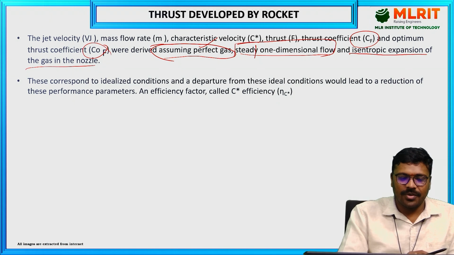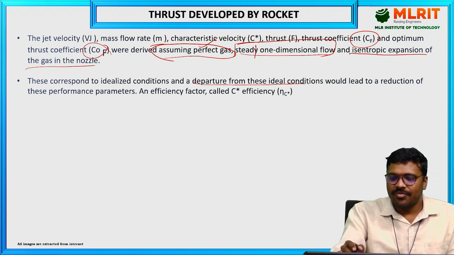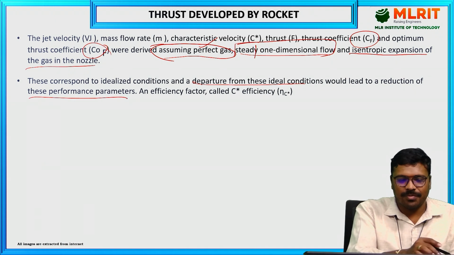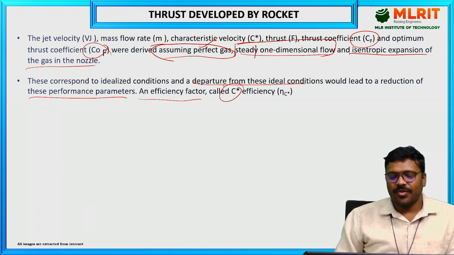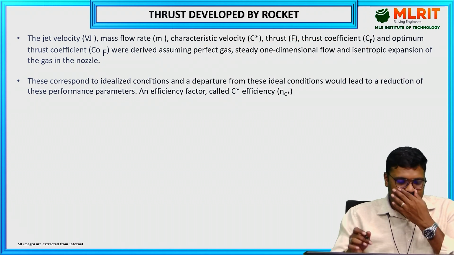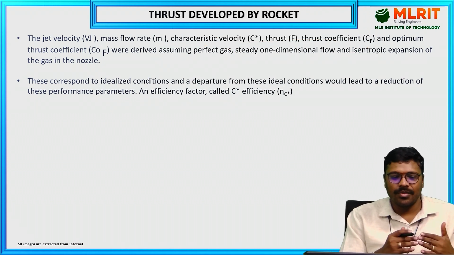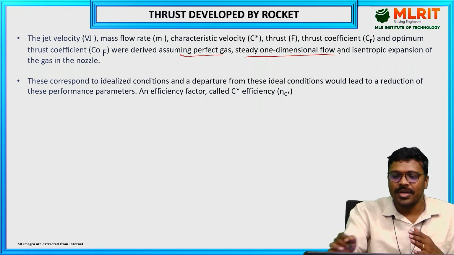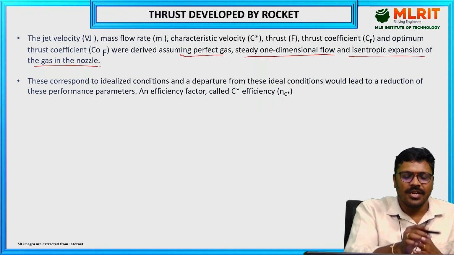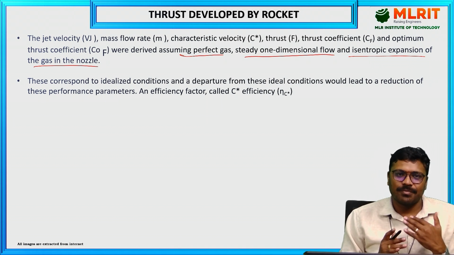Corresponding to the ideal conditions, a departure from these ideal conditions would lead to a reduction in the performance parameter, and an efficiency factor is called for, the C star efficiency. Whatever equations were developed till now considered the gases as perfect gas, with one-dimensional flow and isentropic expansion in the nozzle, but in the real case this is not 100% possible.